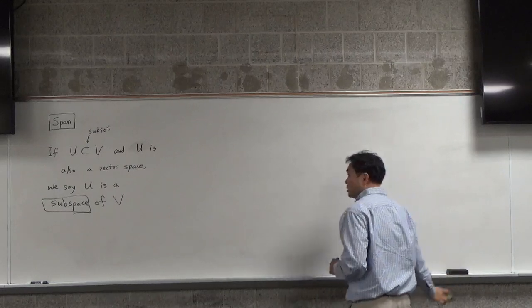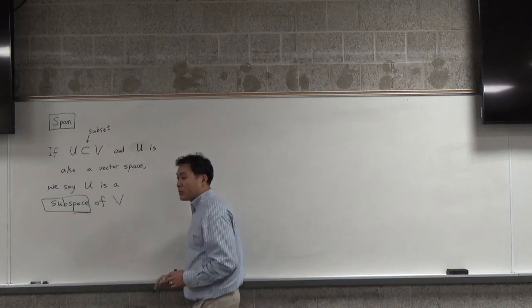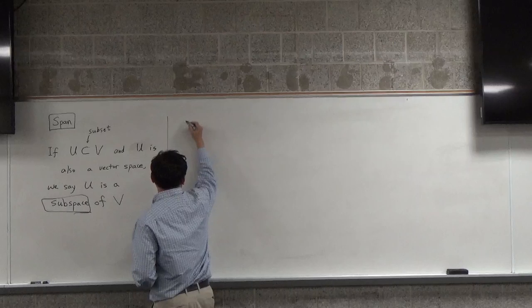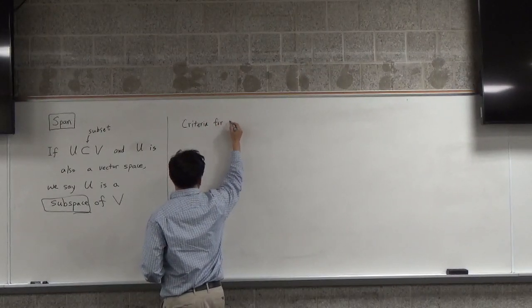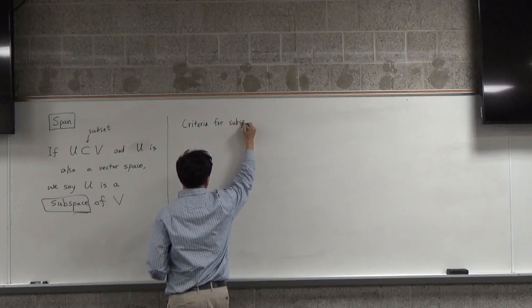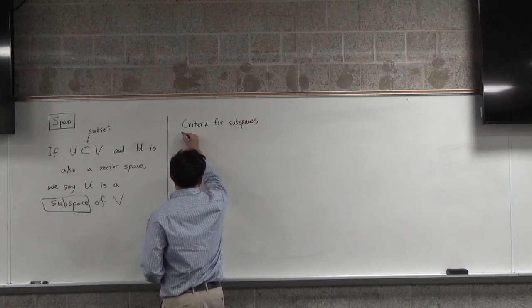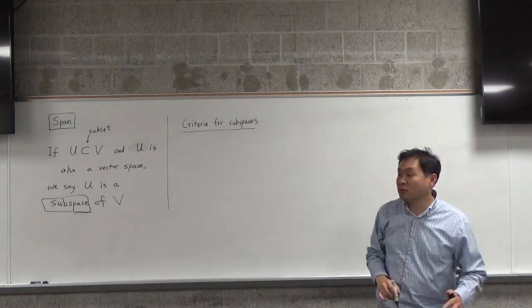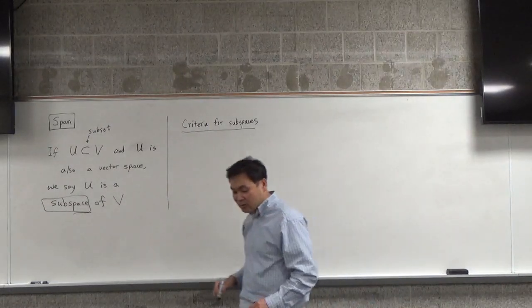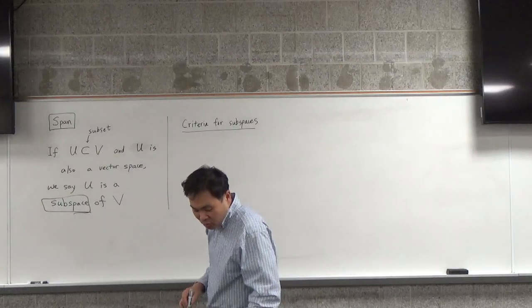Let me write down the criteria for subspaces. If you are given a set and you want to show that it's a subspace, you just have to show 2 things.